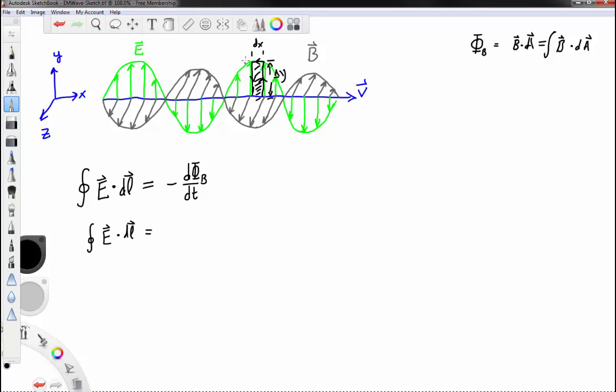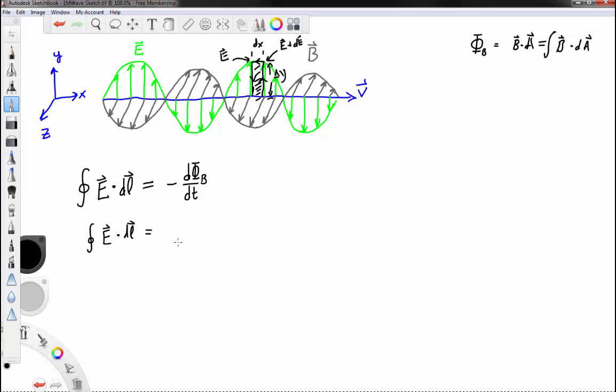So this electric field at this point right here, we'll just call it E. And then the electric field right at this point here would be E plus dE, because we've made some small change to the electric field.